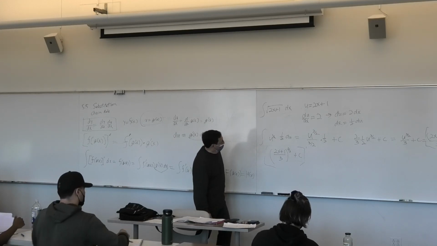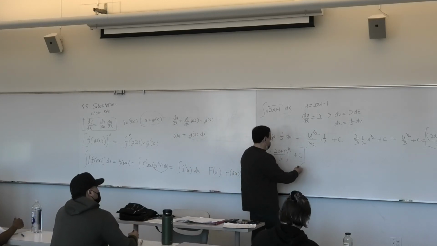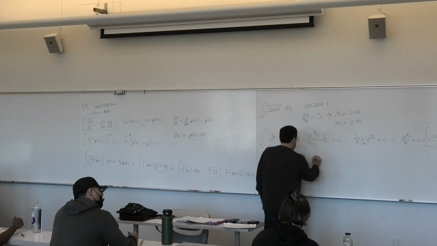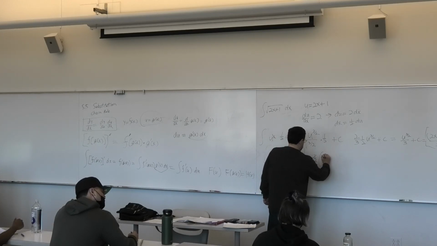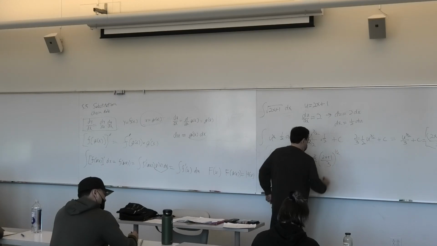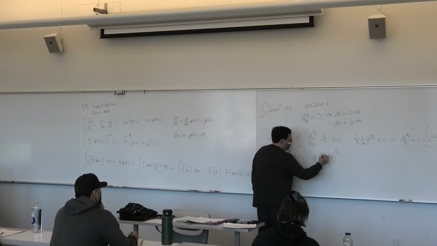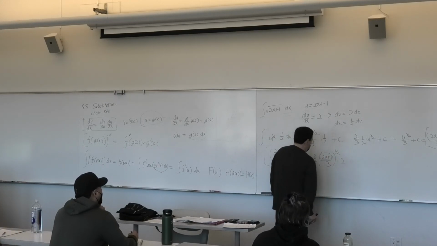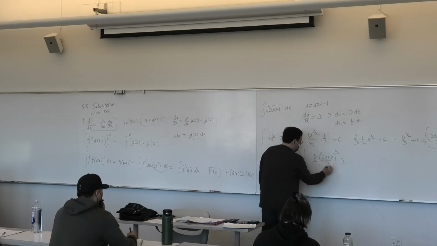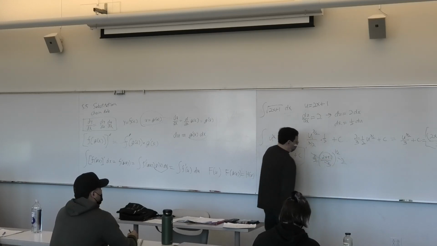Lying teacher. Let's try one more. 3 halves, (2x plus 1) over 3, to the 1/2. What am I missing? The chain rule. I have to multiply it by 2. All right, so now I get the right answer.